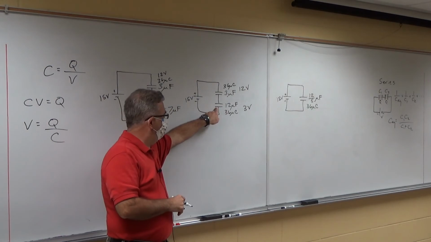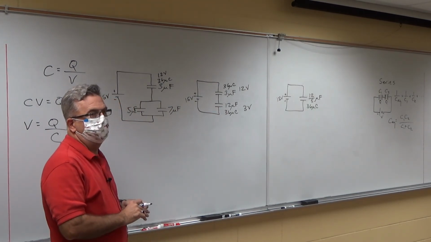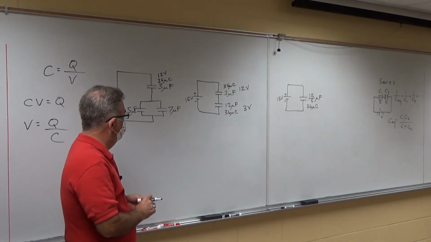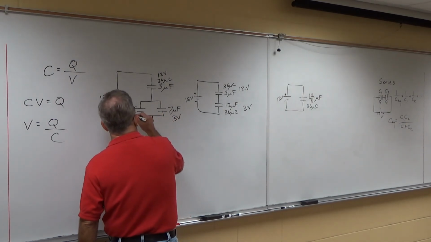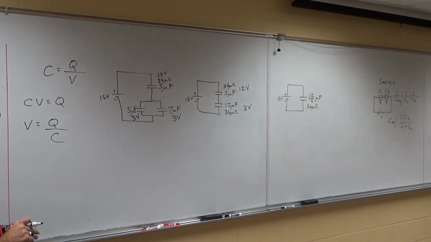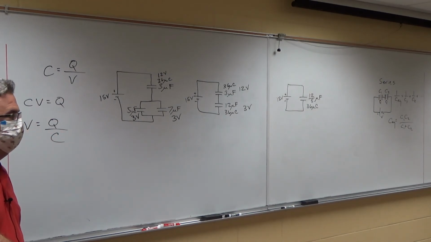This equivalent capacitance came from a parallel capacitance, okay? They must have equal voltage. So this has 3 volts, and this has 3 volts, because they came from parallel.